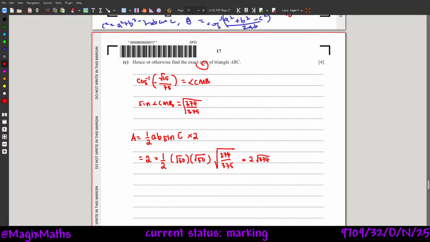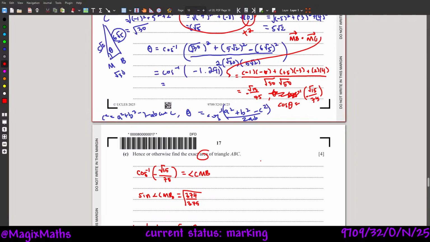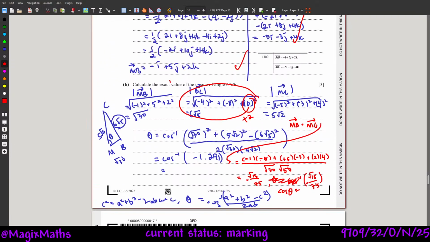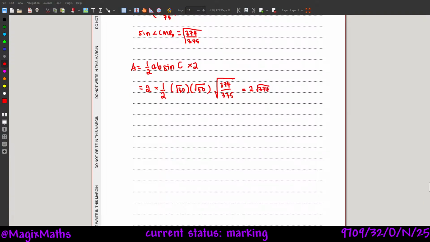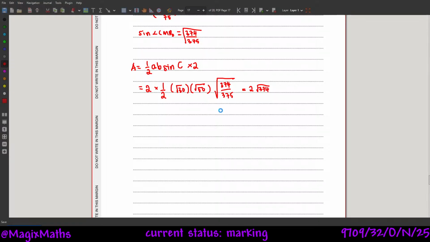Now what we want to be careful with is that make sure not to round off your values when you're asked to find the exact value. So yeah, we're pretty much done.